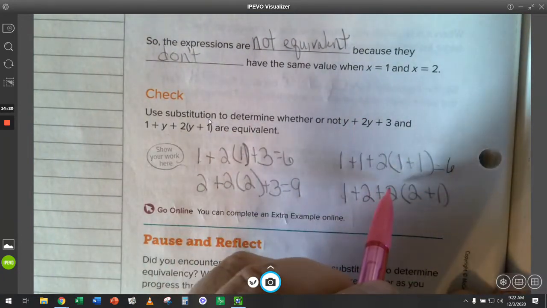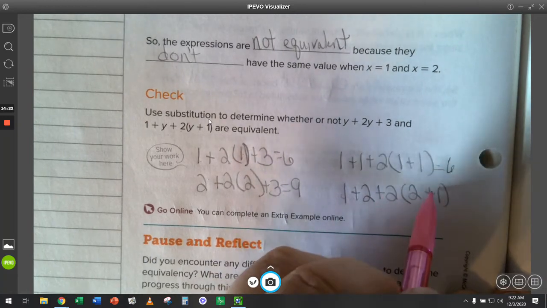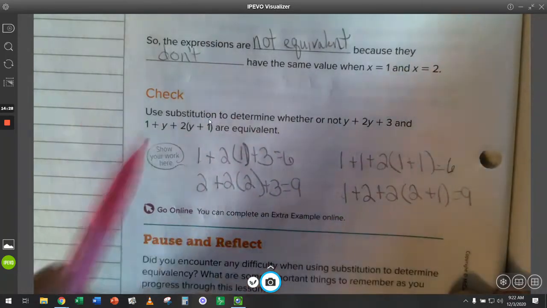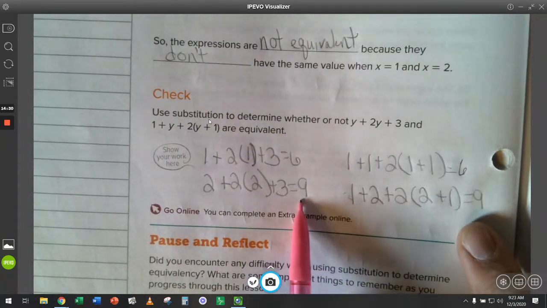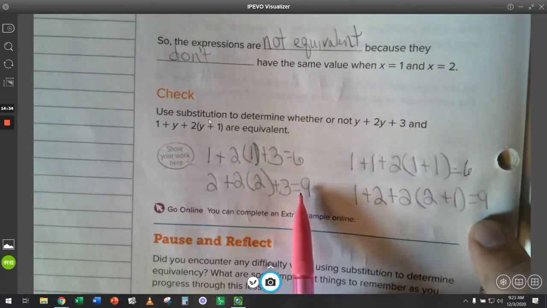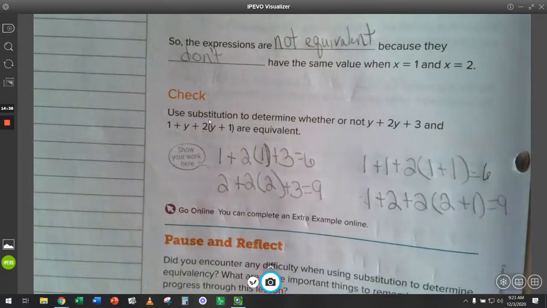Now distributing in, 2 times 2 is 4, plus 2 times 1 is 2, so that's 6, 7, 8, 9. So because we got the same answers when we tried both 1 and 2, these two expressions are equivalent.